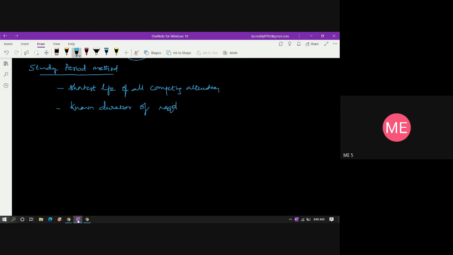Then the third is the time before a better replacement becomes available. The time period which we take should be one of these.